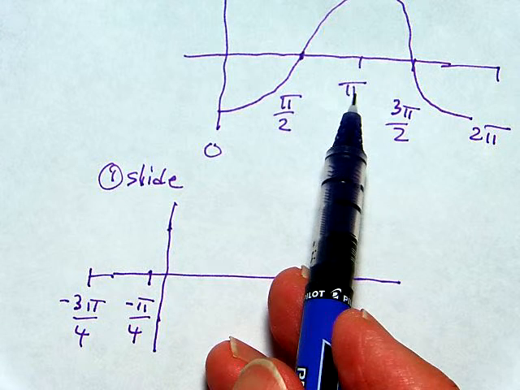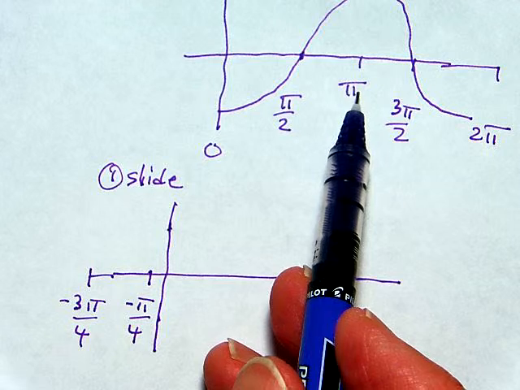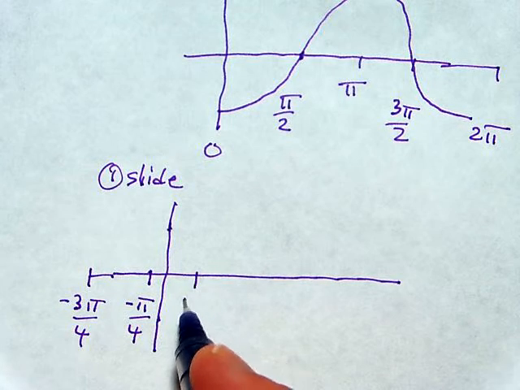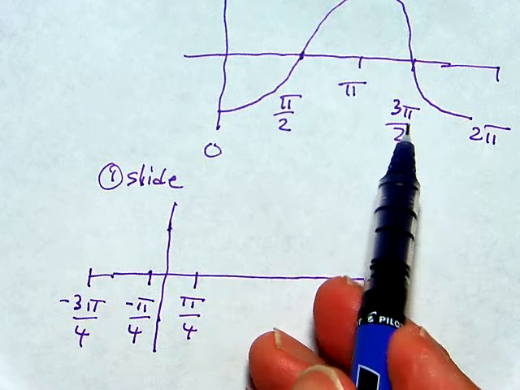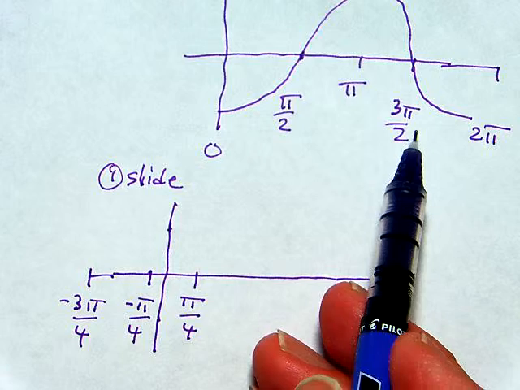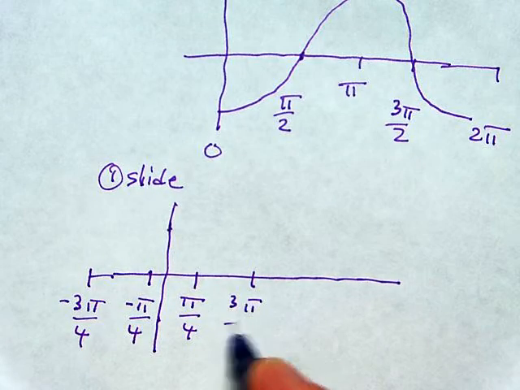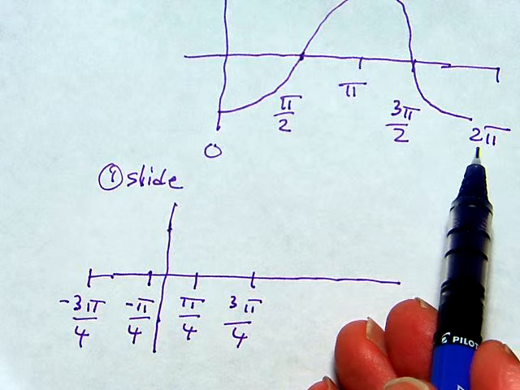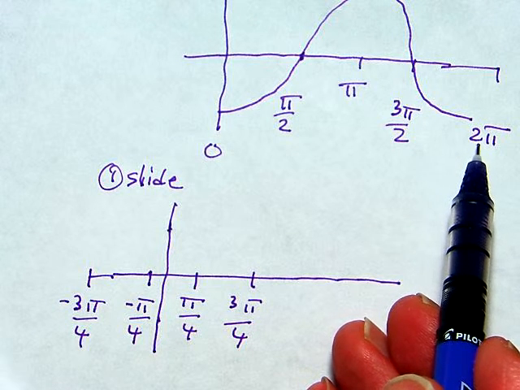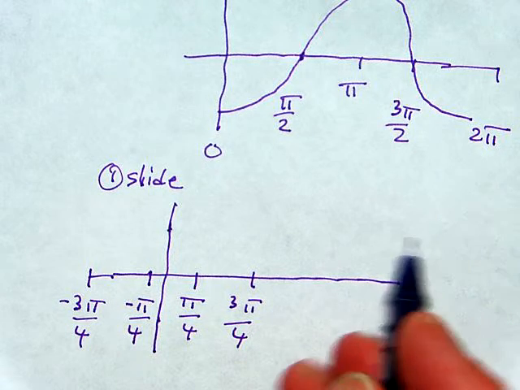Pi minus 3 pi over 4 is simply pi over 4. 3 pi over 2 minus 3 pi over 4 is going to be 3 pi over 4. And then 2 pi minus 3 pi over 4 is going to be 5 pi over 4.